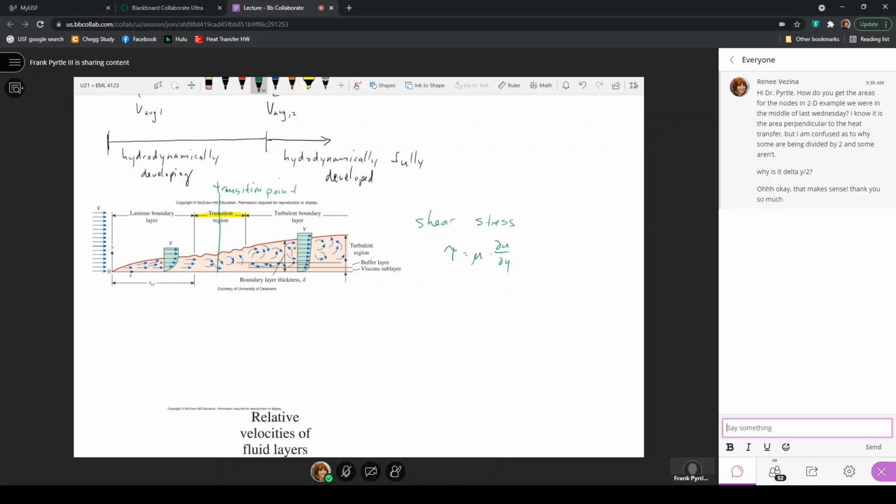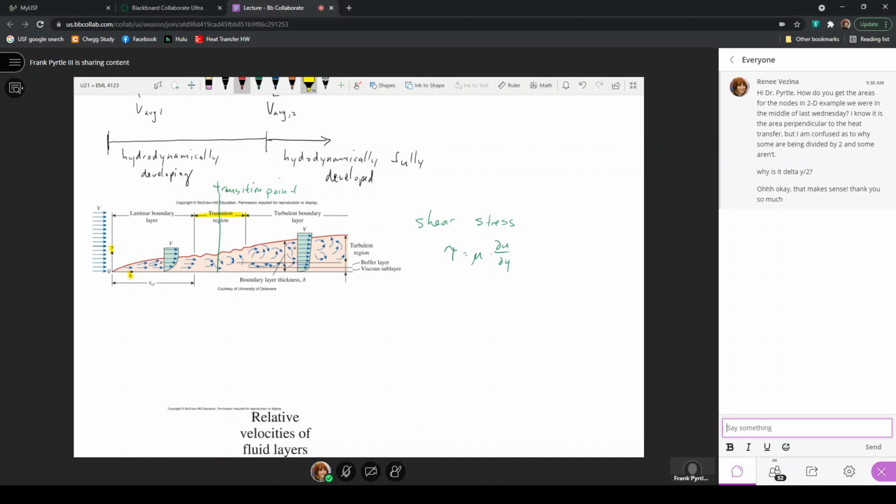So as the velocity in the x direction changes as I move up in the y direction, here's a coordinate system, positive y and positive x. As I move in the y direction and consider the u component of velocity, which is just in the x direction, we can calculate this shear stress.